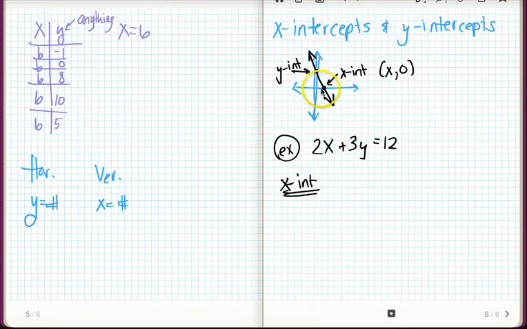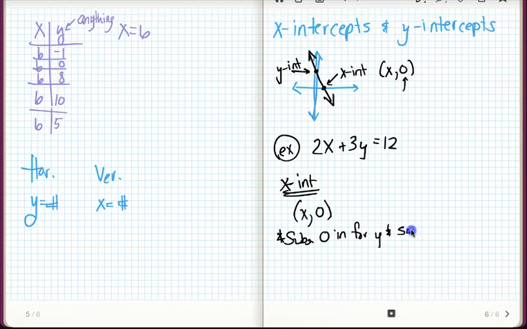It's 0, 0, 1, 0, 2, 0, 3, 0, 4, 0, and so on and so forth. So if I know that y always equals 0 in my x-intercept, I'm going to substitute 0 in for y and solve for x. It's really cool and really quick with this type of equation.